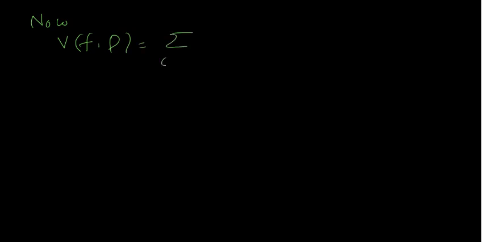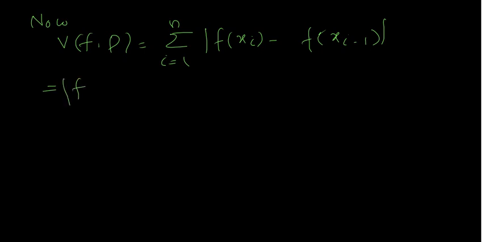First you always apply the definition, then you try to expand this sum. Mod of f of xi minus f of xi minus 1, which is equal to mod of f of x1 minus f of x naught, plus mod of f of x2 minus f of x1.